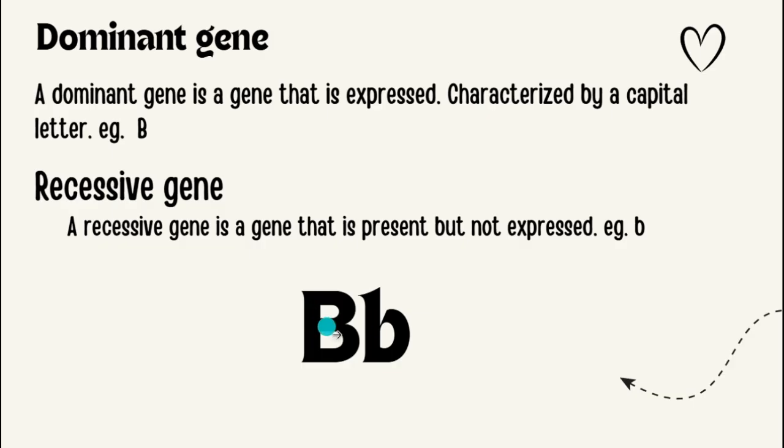So for example, if I never got a capital B from my father and there were two small b's here, one small b from one parent and one small b from the other parent, so brown hair comes together, obviously we're going to end up with brown hair, right? Because the only time a recessive gene is expressed is when both of them come together beside each other. That is the only time it's going to be expressed.